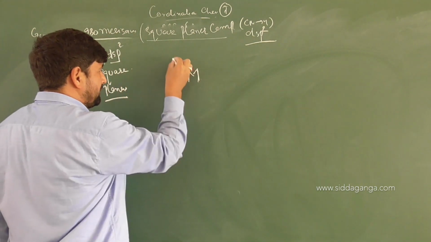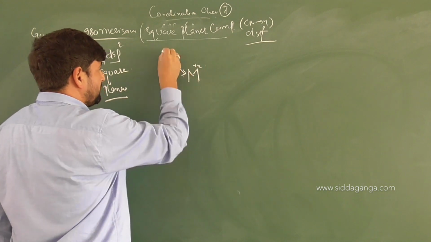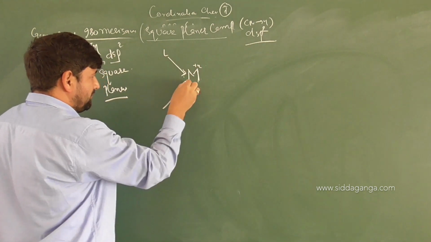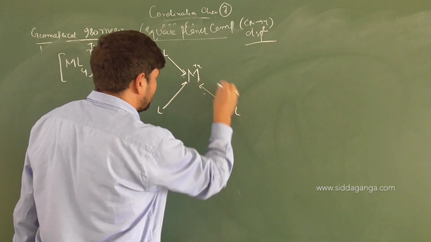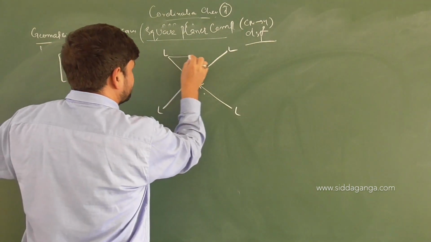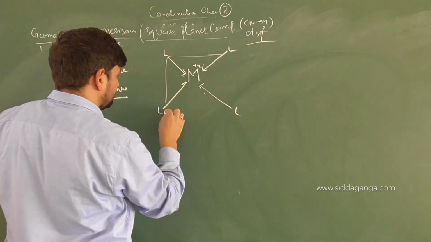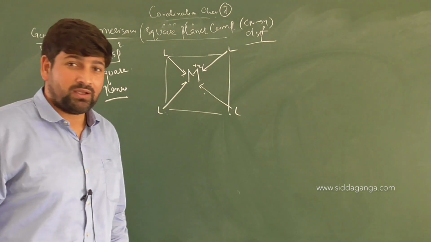So we'll have metal atom with plus or minus n oxidation state. Then you have got a ligand, then one more ligand, then one more ligand, and then one more ligand. So looking at this, this is our square planar structure.